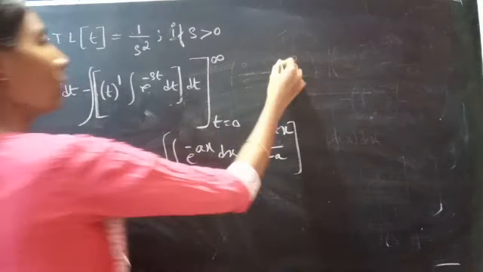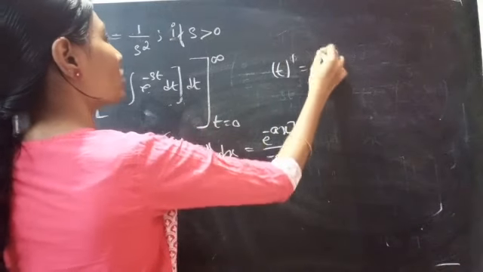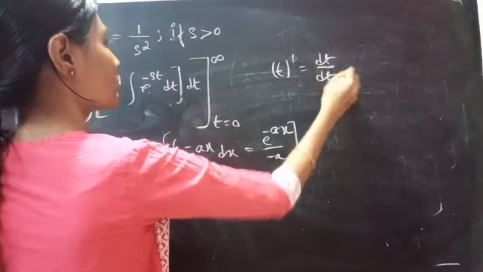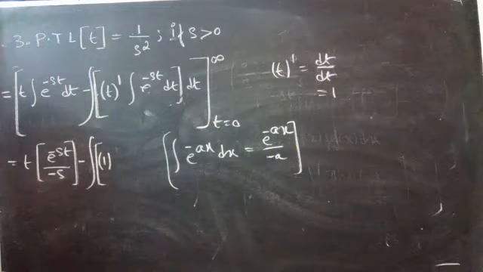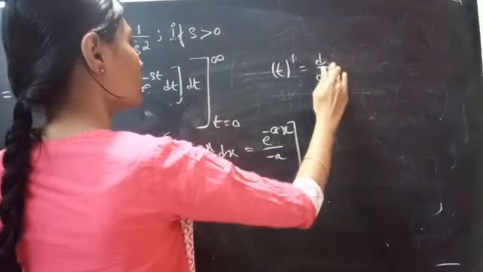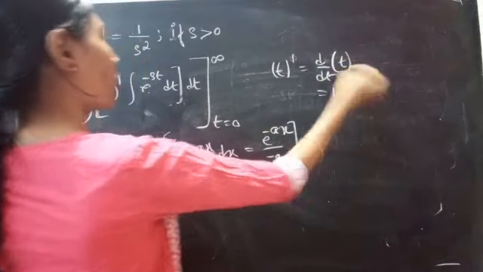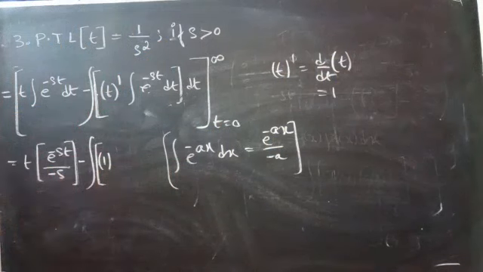That is t dash equals dt by dt, which equals 1, or you can write it as d by dt of t, which equals 1.